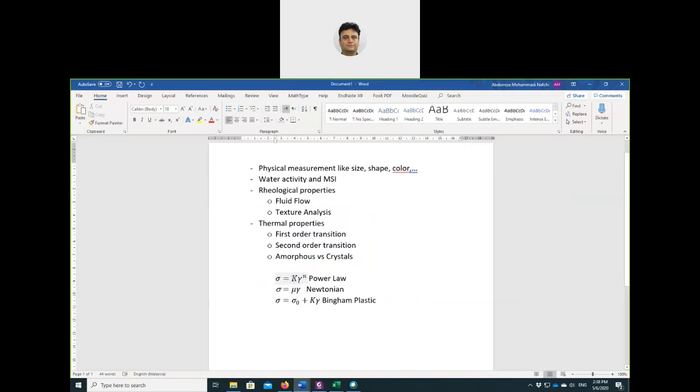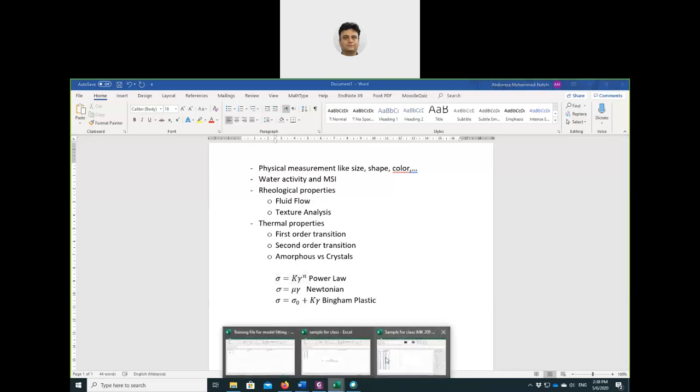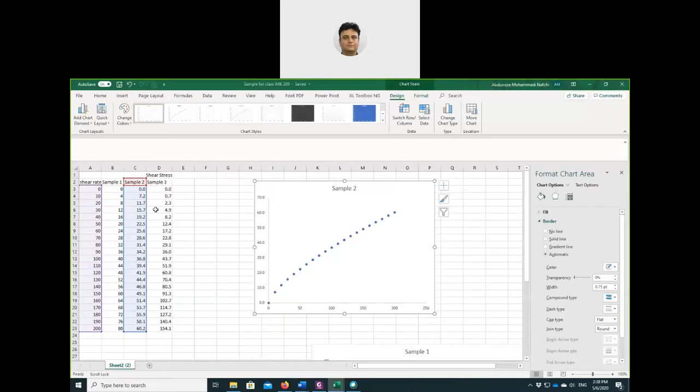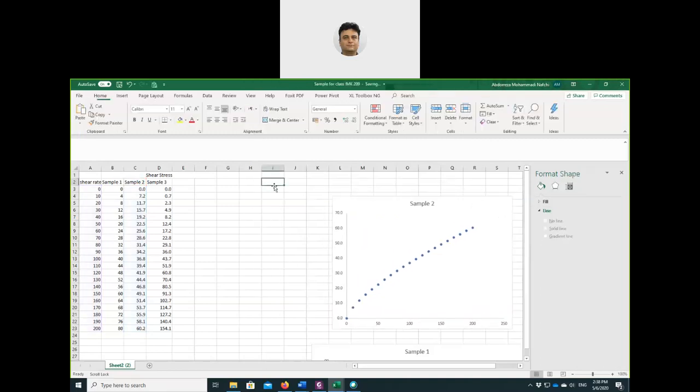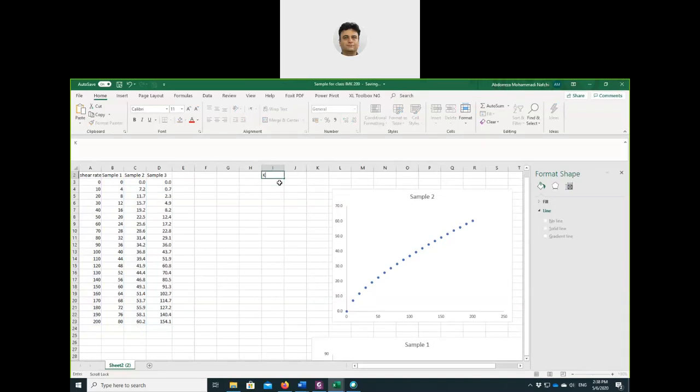I want to calculate these two, k and n, based on the practical data for sample 2.